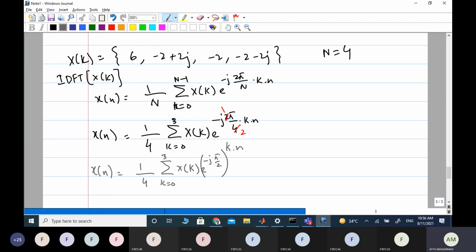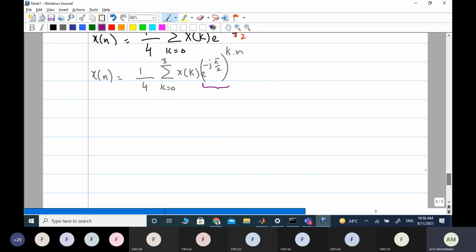We can write it because powers of power are multiplied. Now why I have done this, I want to show you something very beautiful. We know e to the power minus j pi by 2, we have solved it many times, is equal to minus j. So can we rewrite this equation, to make our life easy, as x of n is equal to 1 by 4 summation k from 0 to 3 X of k, minus j whole power k n?